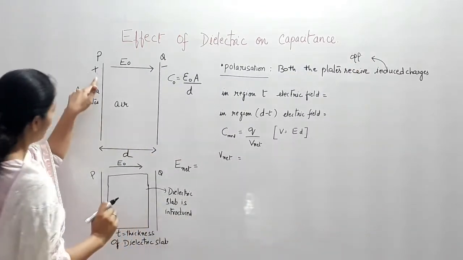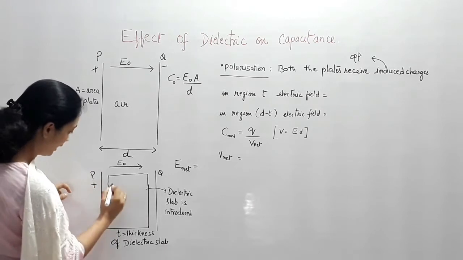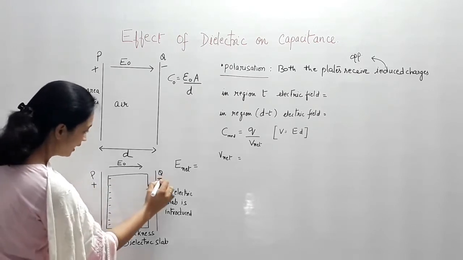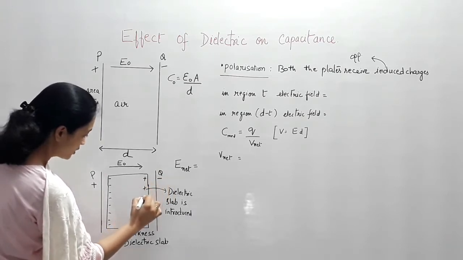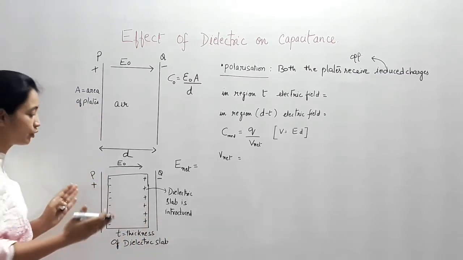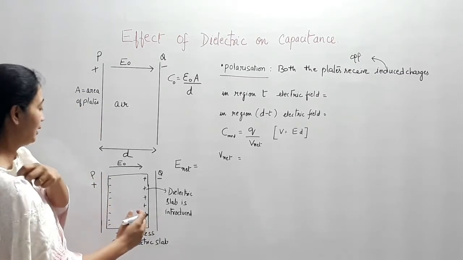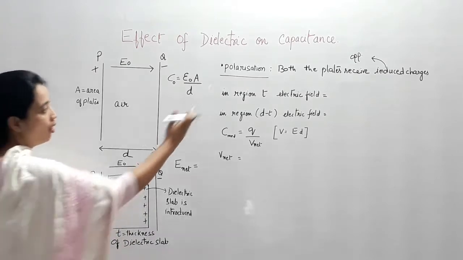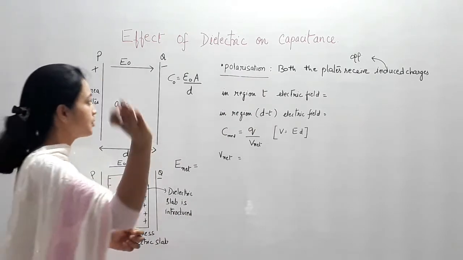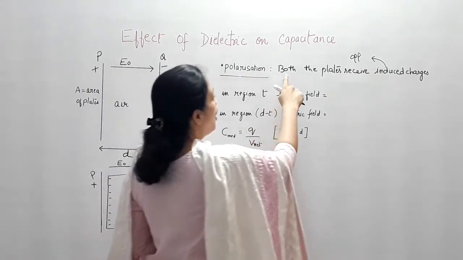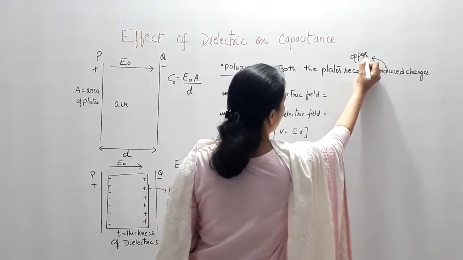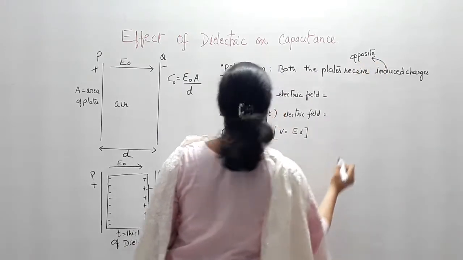That means the positive side, plate P, will induce a negative charge on the dielectric, and the negative side Q will induce a positive charge on the faces of the dielectric slab. We have covered polarization in the previous episodes. If required, you can refer back to them. Both the plates receive induced charges and the induced charges are opposite to each other.